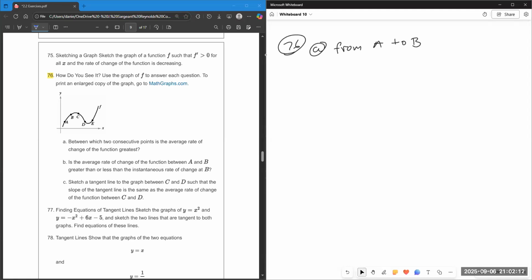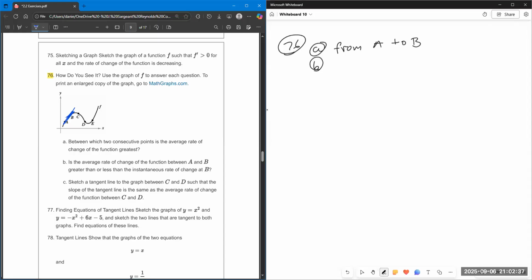Is the average rate of change of the function from A to B greater than or less than the instantaneous rate of change at B? It's greater. The slope is bigger than the slope. It's steeper.